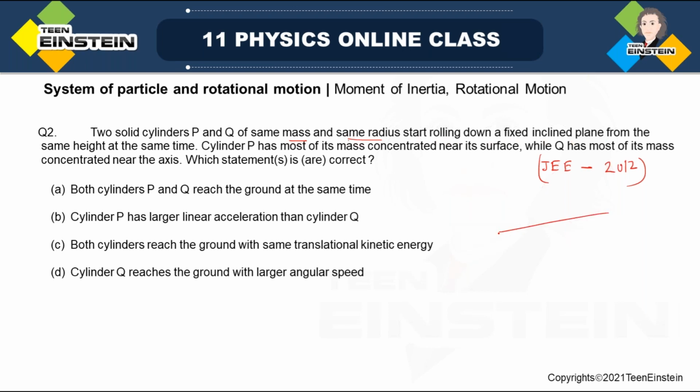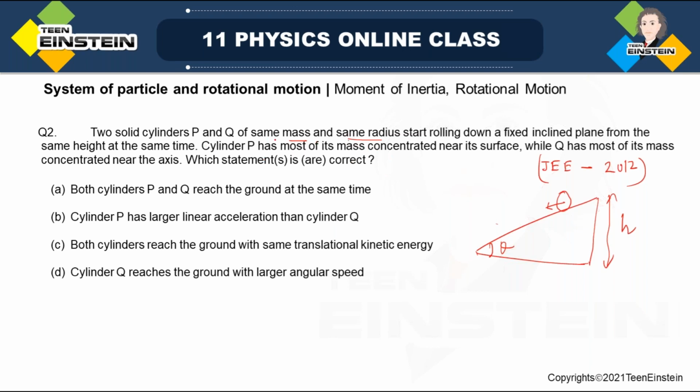So there is an inclined plane. Let me draw it properly. There are two cylinders, but I'm just drawing only one for representation purposes. So this is a fixed inclined plane, and the inclined plane has a fixed height, some small h, and a certain angle theta.